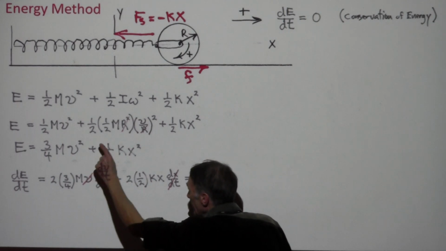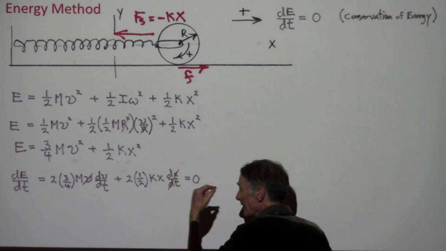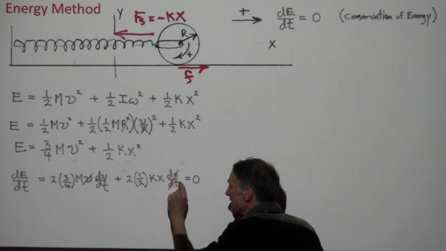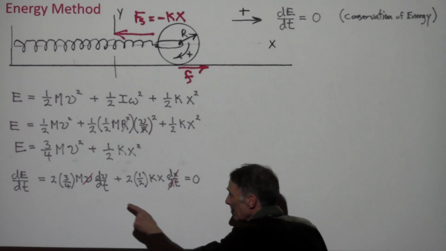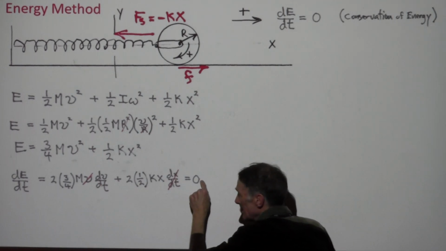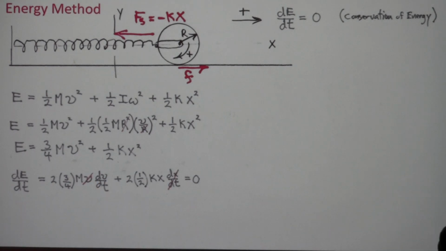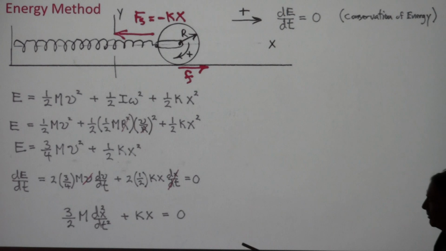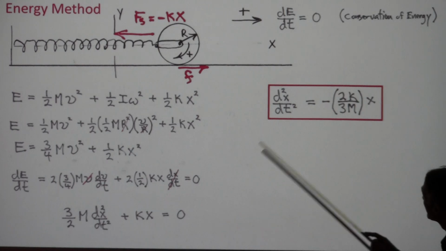And then we do this one. The 2 comes down. They cancel. That's kx to the first power. But then again, the chain rule would be dx dt. Well, this is going to be the velocity, and we have the velocity here. It's equal to 0. We can go ahead and cancel those. And we've got the equation in this form. And then we can put it in standard form.